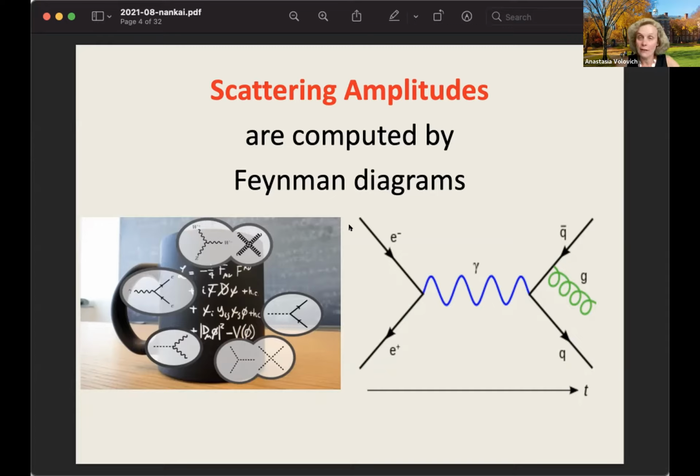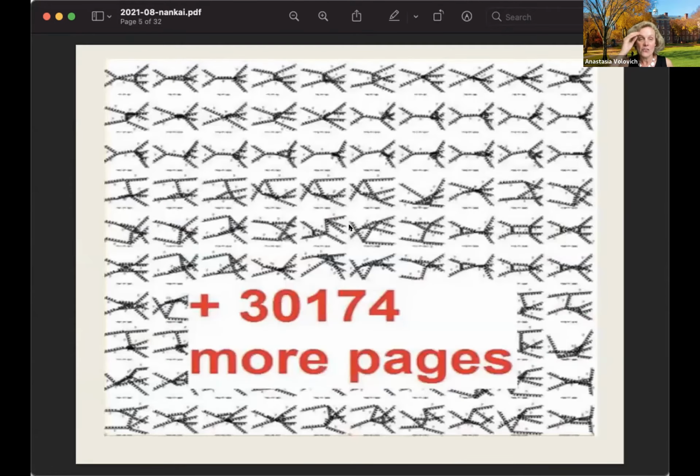The Lagrangian is known, the rules are known. So you say, why am I talking here? It's all very well understood. Well, it turns out that when you actually start doing the computations, it's hard. Here I have 2 slides with some examples. The rules are known, the Lagrangian is known, but the number of those diagrams starts growing.